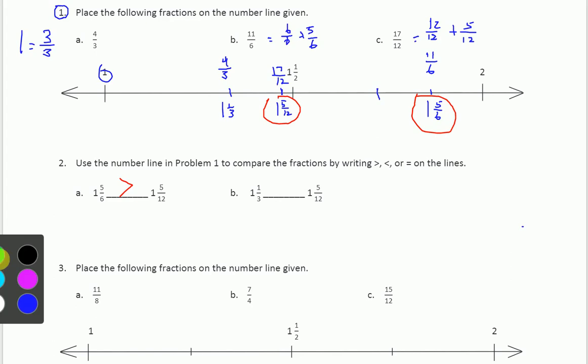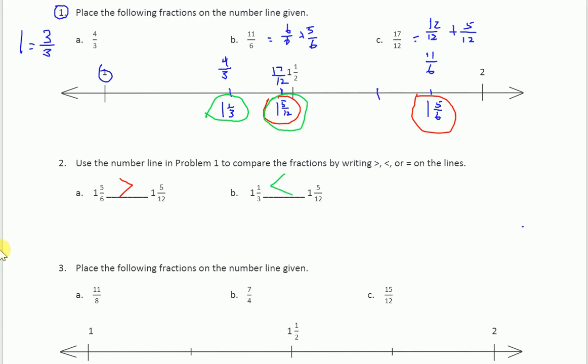Then if we look at the next set, 1 and 1/3 is here. There's 1 and 1/3. Compare that to 1 and 5/12, this one here. Well, 1 and 1/3 is going to be less than 1 and 5/12.